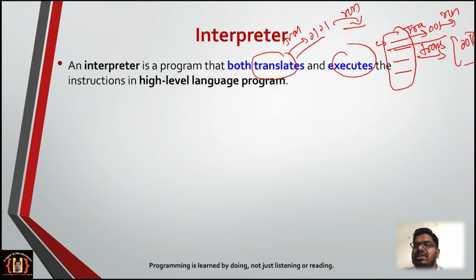But the interpreter takes one instruction, translates it, then runs it. This is the difference between a compiler and an interpreter.